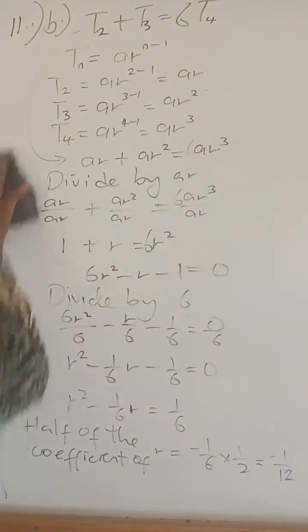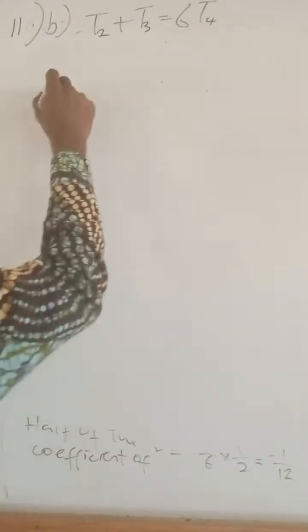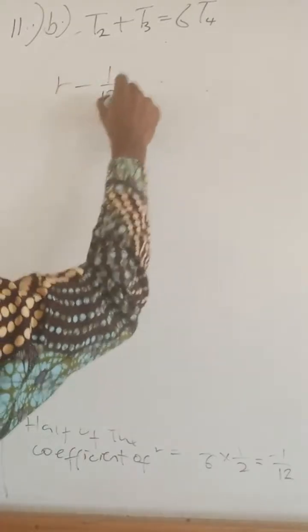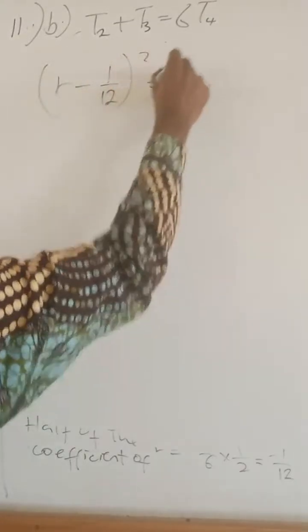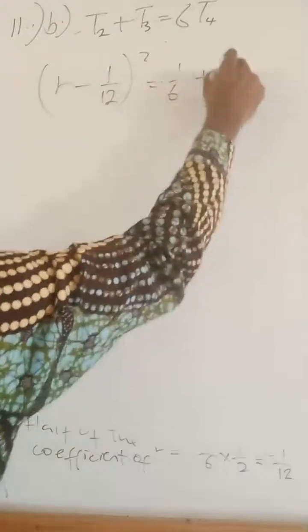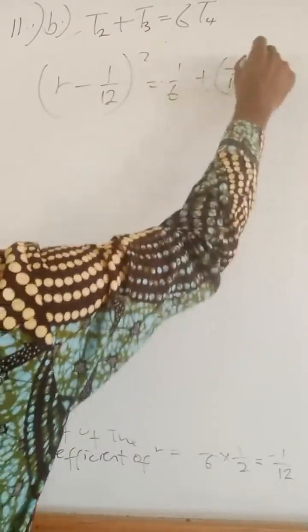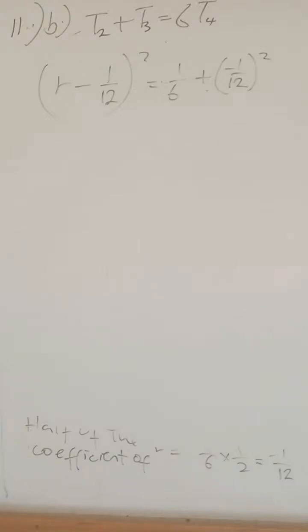I can wipe it from here. So we're simply going to have (r - 1/12)² = 1/6 + (1/12)². So that's what you do with half of the coefficient of x. You can see it over there.